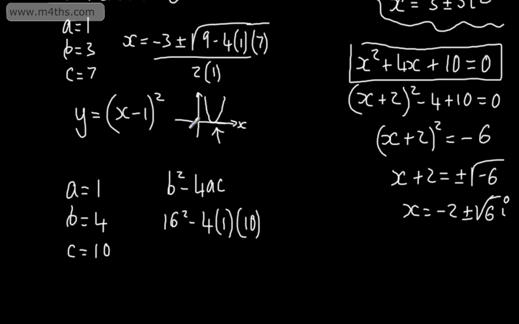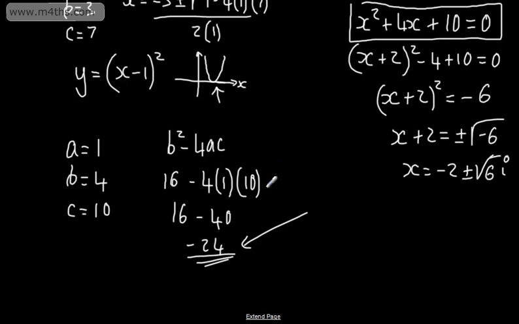And that is going to now give us 16 minus 40, which is going to give me now on here negative 24. So if we had evaluated the discriminant, we would have seen now that we would have had a negative number, therefore there are no real roots.